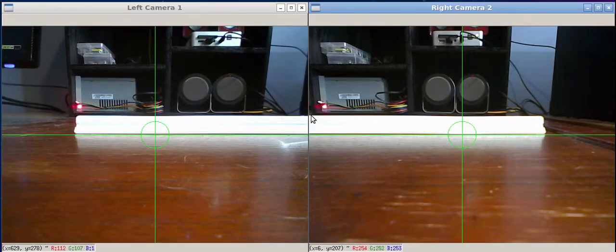So even though it doesn't quite join up right there, that's just differences in the cameras themselves, right? But you want this line to be all the way across, so that this takes care of 2 axes, okay? So make sure they're aligned up and down, and then it makes sure that they're aligned horizontally, okay?